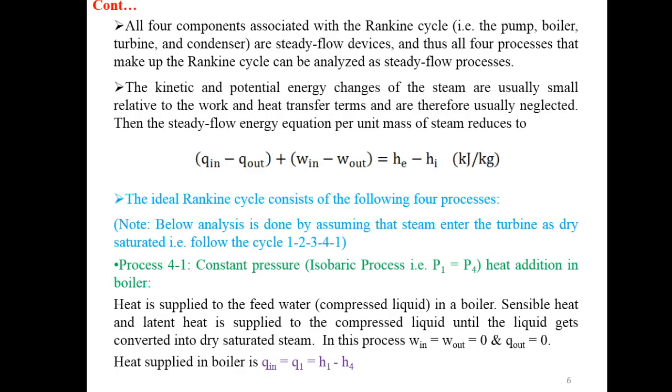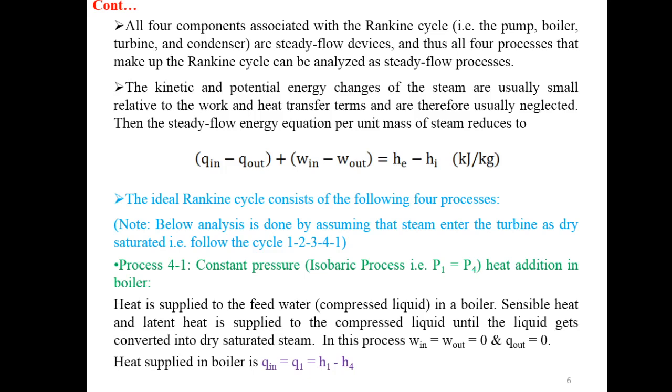All four components associated with the Rankine cycle, that is pump, boiler, turbine and condenser, are steady flow devices, and thus all four processes that make up the Rankine cycle can be analyzed as steady flow processes.